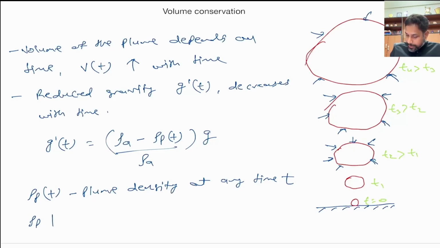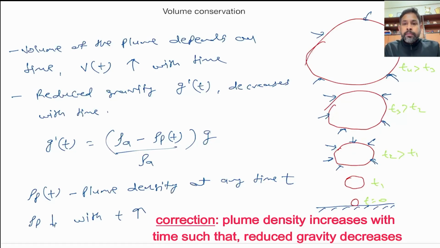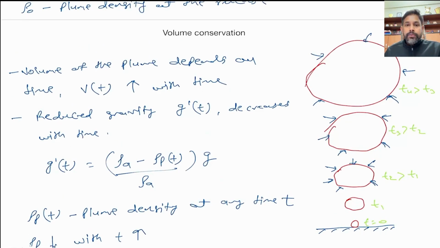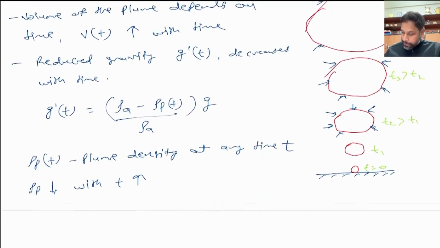And rho p decreases with time as time increases. Right, and that is again happening because of continuous mixing.